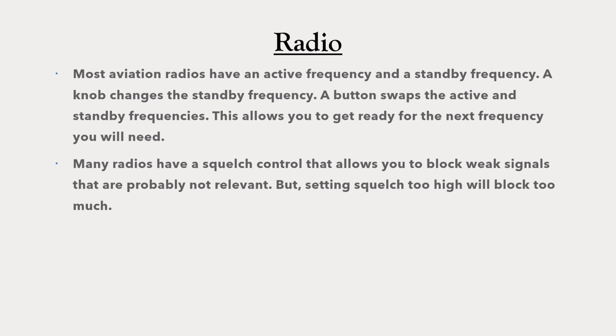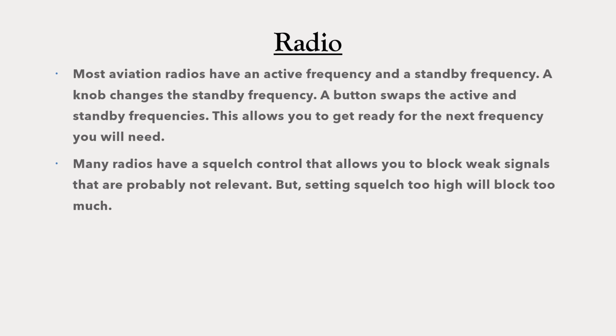Another feature that some aviation radios have that you may not be familiar with from other types of radios is a squelch control. Squelch control is used to block weak signals and a lot of static that tends to come through the radio.